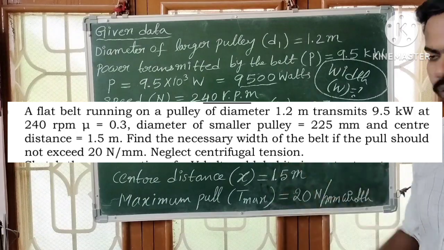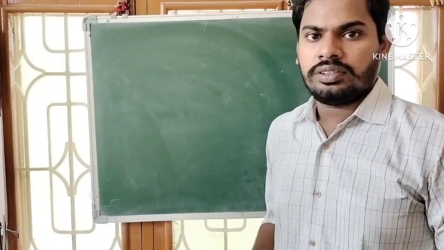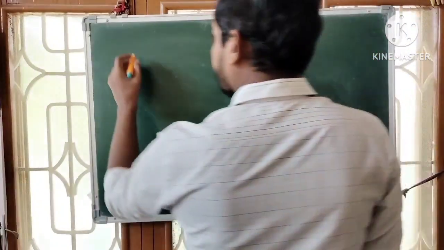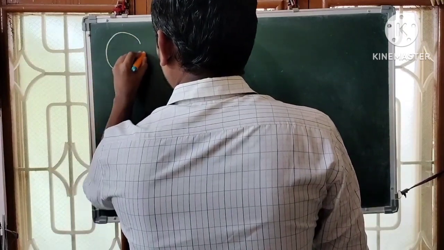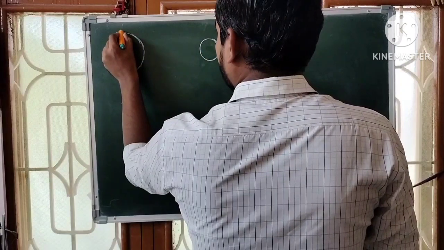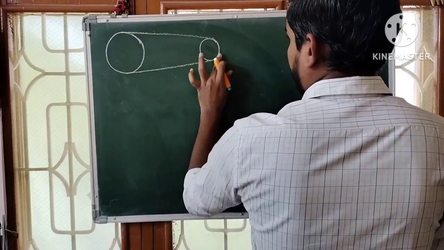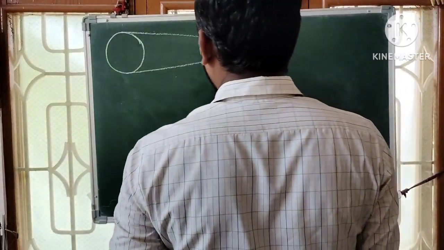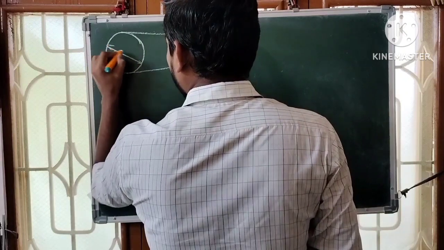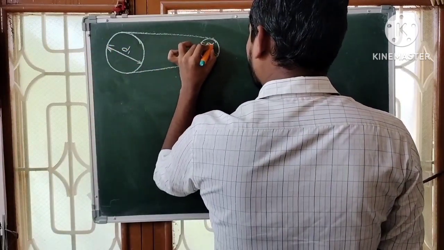Okay, let's solve this problem. Using this data, let us calculate the width of the belt. First of all, let us draw a rough sketch of a flat belt. This is the larger pulley and this is the smaller pulley, and there is a flat belt around them. This is the diameter of the larger pulley D1 and the diameter of the smaller pulley D2.